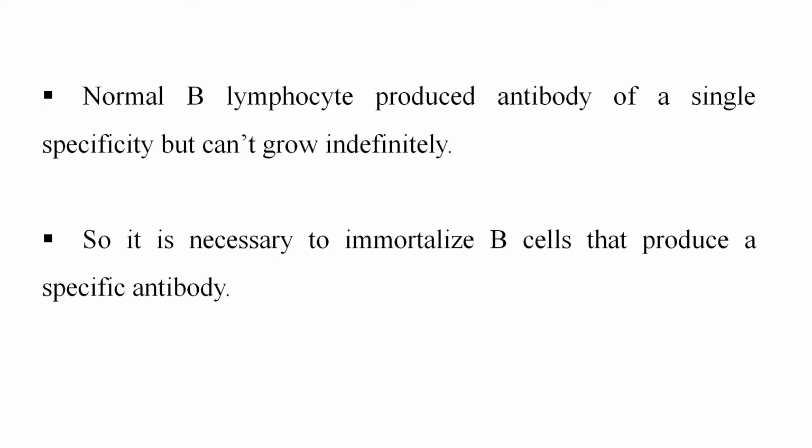They identified that we need to immortalize the B cells. Whatever B cells are producing the antibodies that we require, these B cells have to be immortalized. That is, they have to become continuously dividing cell lines. They should not die.